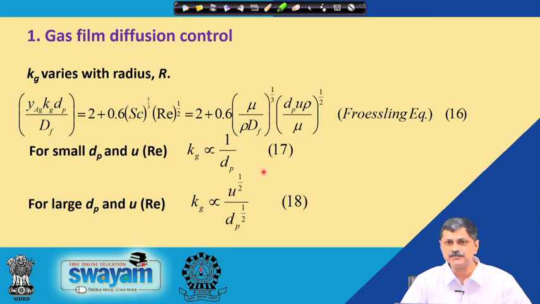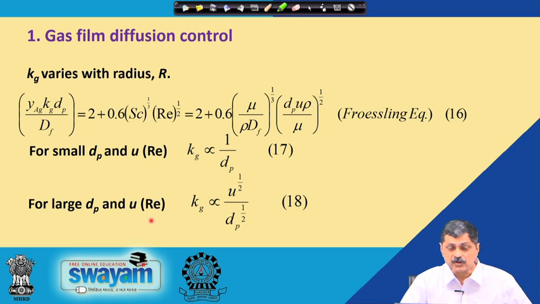As a result, k_g will also change. This variation we will get from the Frössling equation, which has 2 terms. If the Reynolds number value is small, the contribution of the second term is very small and can be neglected, and in that case k_g will be inversely proportional to the diameter, or inversely proportional to the radius.